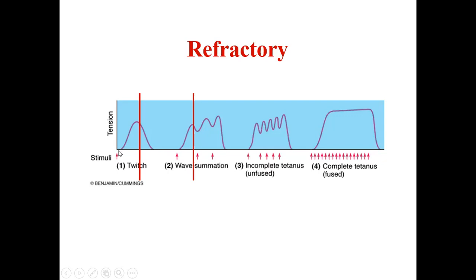So you can see in this case, at this point, the second contraction falls after the refractory period. Then this one will also have its own refractory period, and the third wave comes after it. Now, when you have sustained contraction and you're not allowing that refractory period, the waves merge and you have continuous tetany.